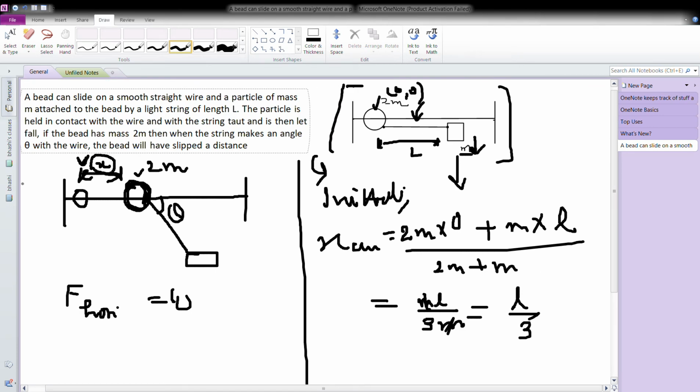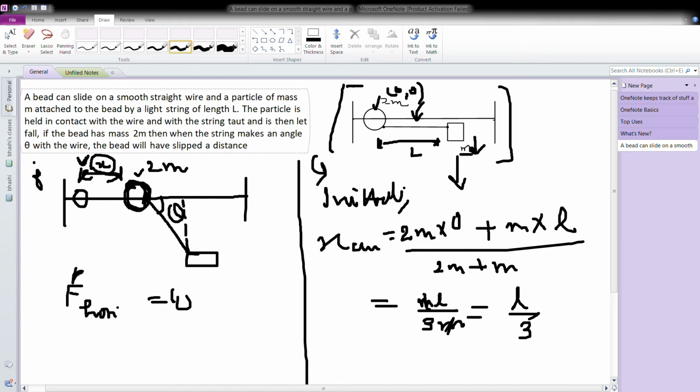Now finally, our particle has fallen down. If we write the center of mass for this, we must have the displacement which this particle has carried out. We have let the displacement made by this bead be x. What about the displacement made by this particle?